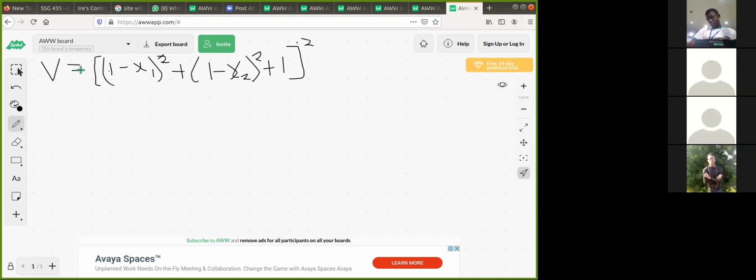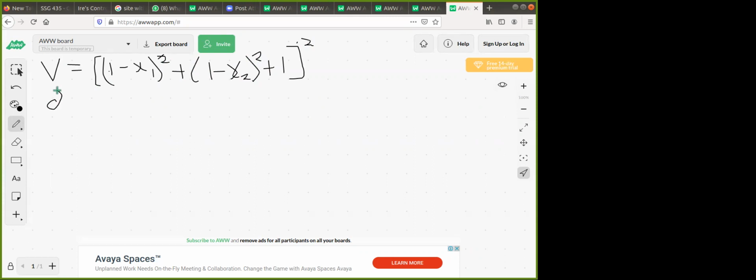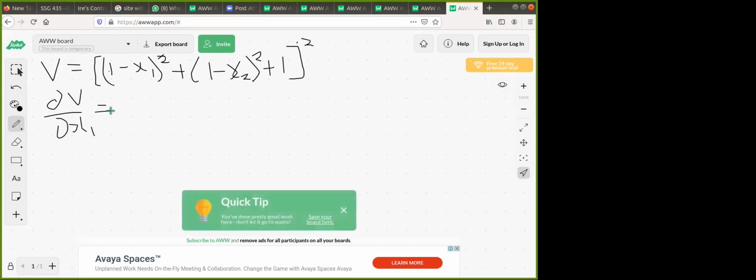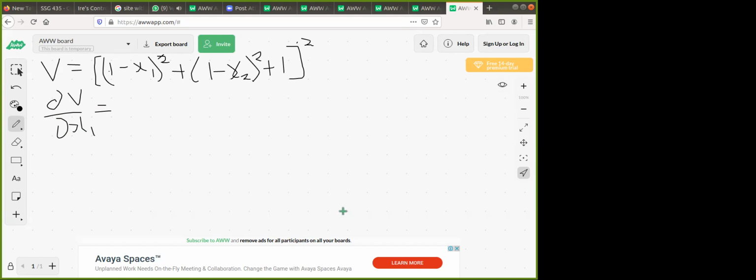This is going to be dv dx1, and there's a shortcut instead of using the chain rule. The shortcut is this 2 that is here, the power, you multiply it with the coefficient here. Since this whole thing contains x1, the power of this is multiplied with the coefficient.